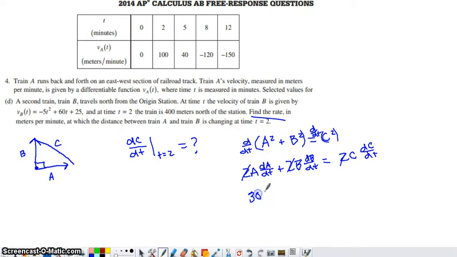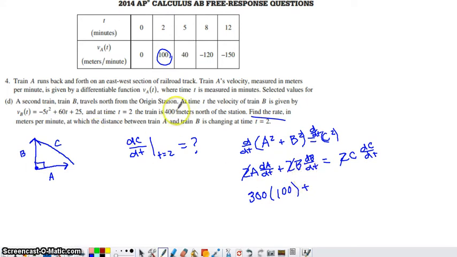They told us that in part C. We know that dA dt, the rate of change of train A's position at time t, is given by v sub a of t, the velocity at 2. So I'm putting 300 in place of A. We had that from part B. The rate of change of A is going to be the velocity of train A. And at 2, that's 100.